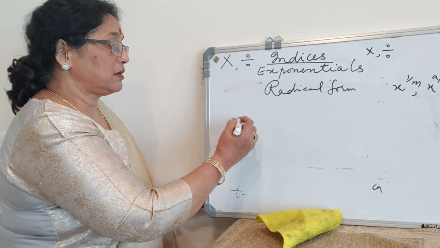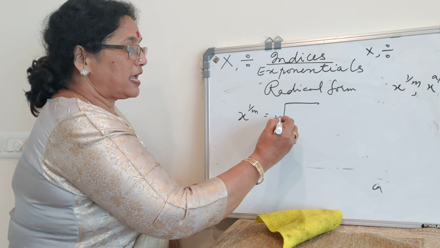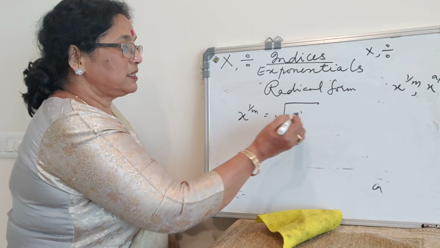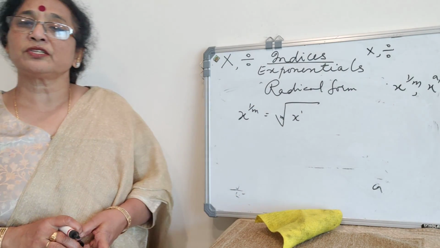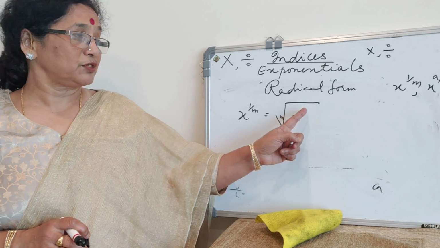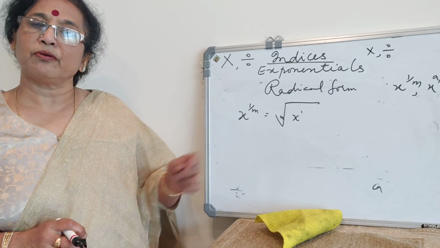If you have x to the power of 1 by m, we write m inside this little radical sign and x under it. If x is raised to the power of 1, the numerator is 1 and the denominator is any number.